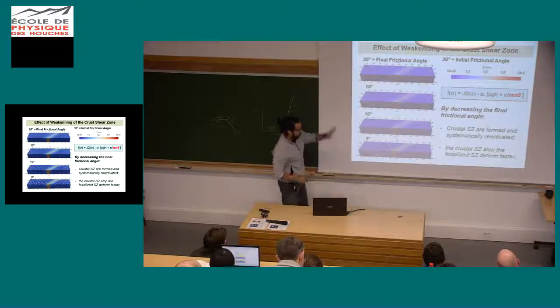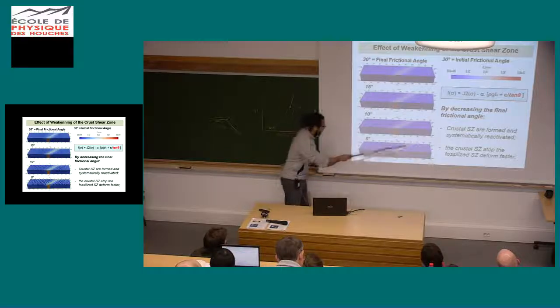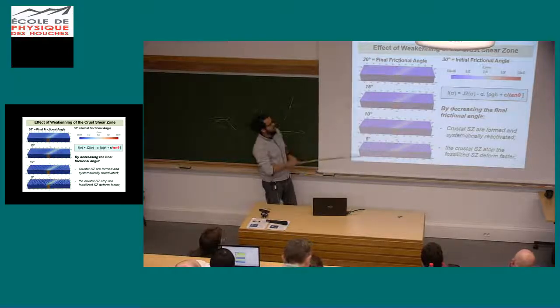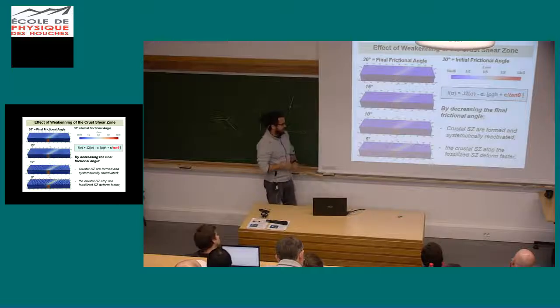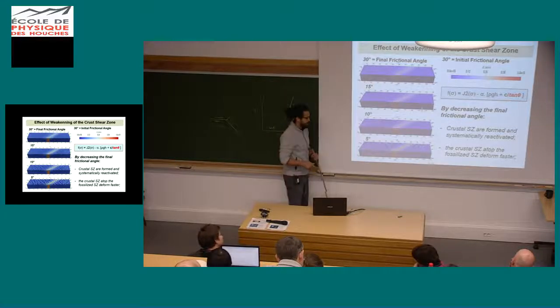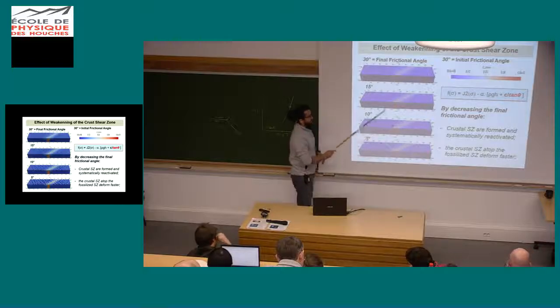I'm not going into this detail, I want to go to something more interesting in my opinion. But basically, we see that at small final frictional angles, deformation localizes at the top of the mantle shear zone and keeps activating these faults, and we have higher strains.